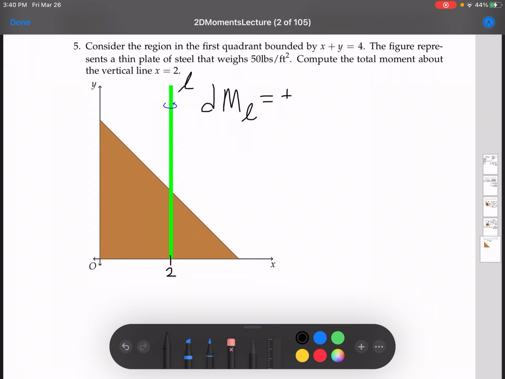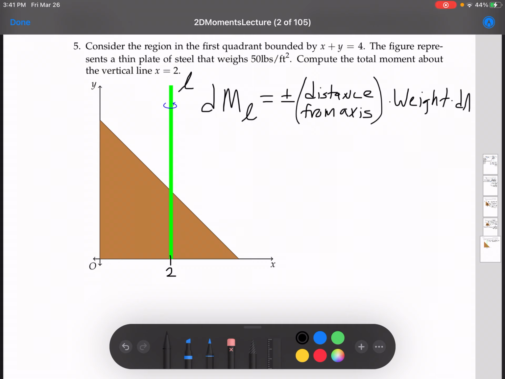This is going to be plus or minus distance from the axis times the weight times dA.